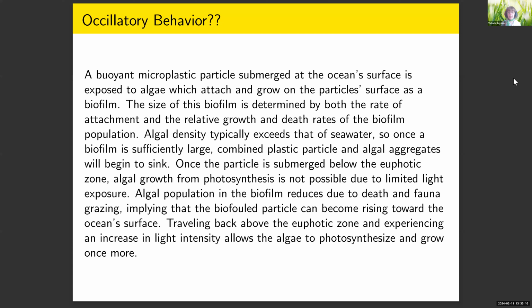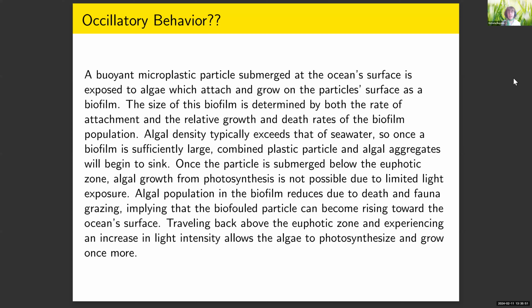Then it gets into the place where there is very little or no light exposure, and the conditions for algal growth are bad. So then algal cells die, they disappear, plastic gets lighter, and it goes back towards the surface of the water. But when it gets towards the surface of the water, the conditions get better, so then the algal population grows again, and this cycle may repeat.